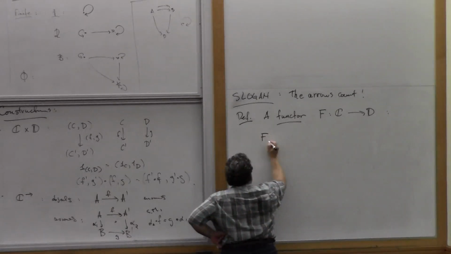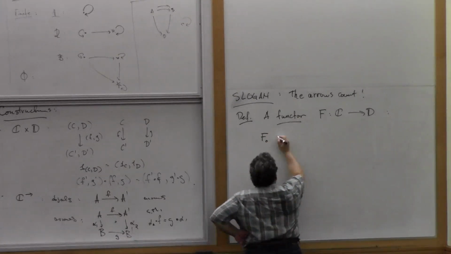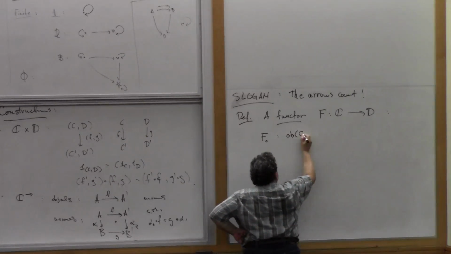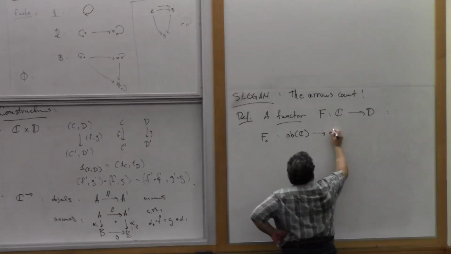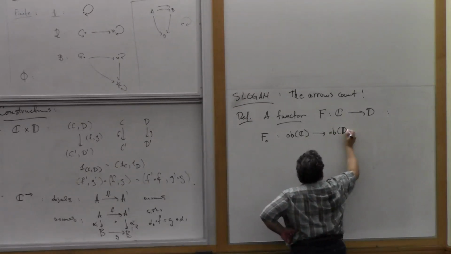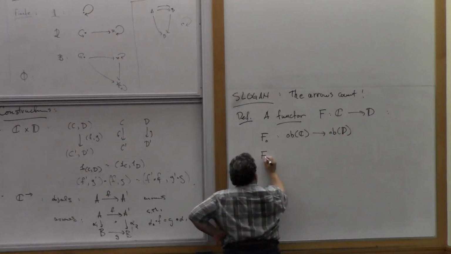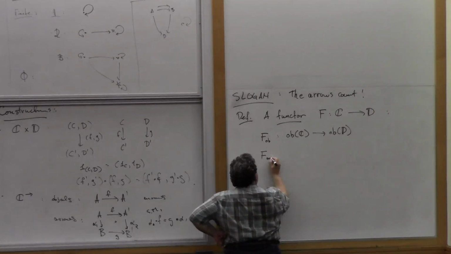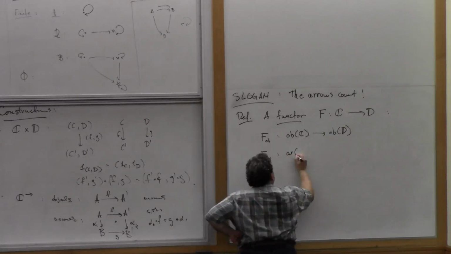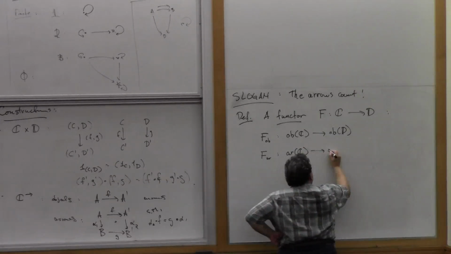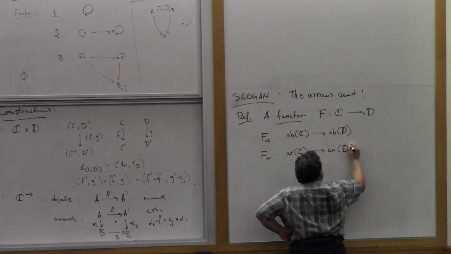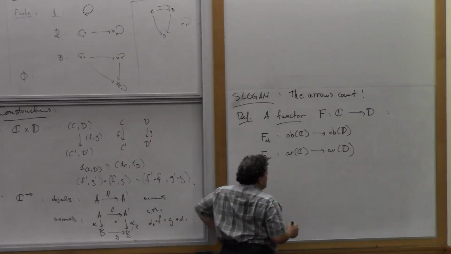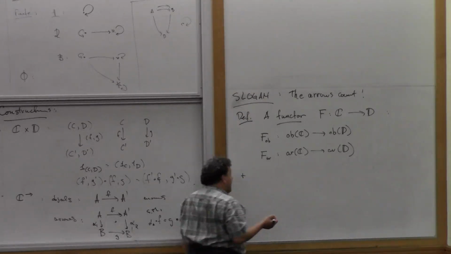So officially, although I'll never write this again, it has a part that takes the objects of C to the objects of D, so it's a mapping. And then there's this other part, the arrow part. Let me say, this is the object part, this is the arrow part, which takes the arrows of C to the arrows of D, plus some laws which are best illustrated diagrammatically.